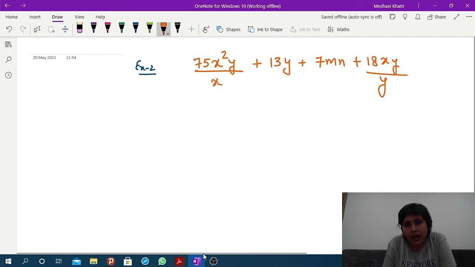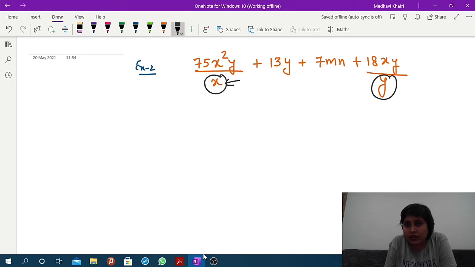Here we have the x variable in the denominator, as well as the y variable in the denominator. That doesn't mean that it is not a polynomial, because we have still not simplified this part, we have still not reduced it to a simpler form. So first of all we need to solve the question and make it as simple as possible.